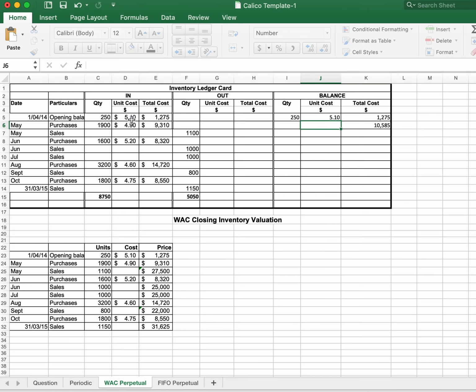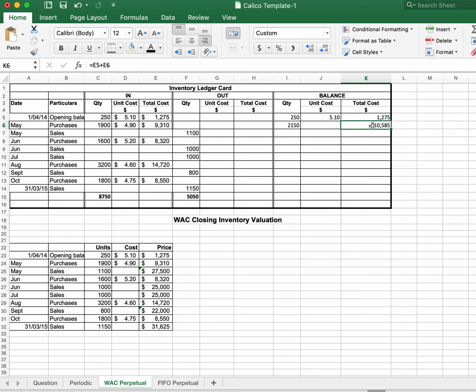That's good. Okay, and that's the value of the stock. That's straightforward. Okay, second lot of purchases, right? So now we have that amount plus that amount, 250 opening balance plus what we bought. That's how many we have now.